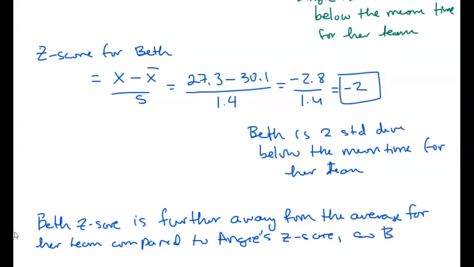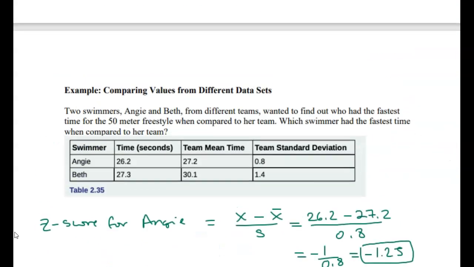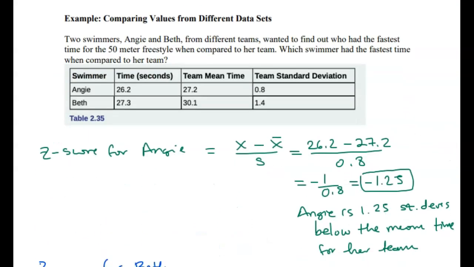So Beth is doing better comparably. Alright, cool. So even though Angie's time is shorter, Beth is doing better compared with her team members than Angie is. Alright, cool.